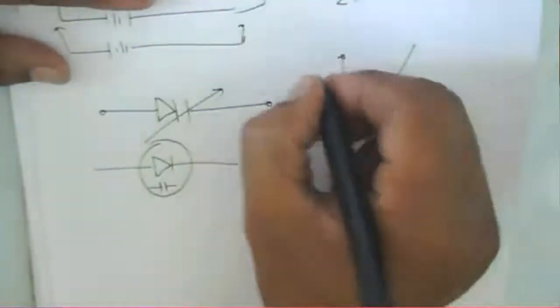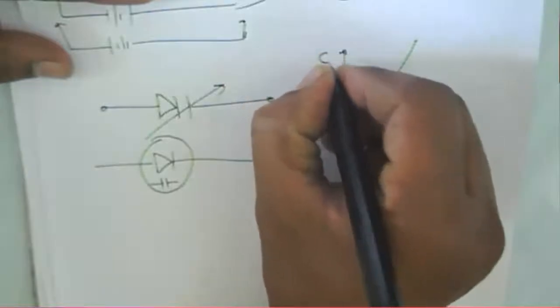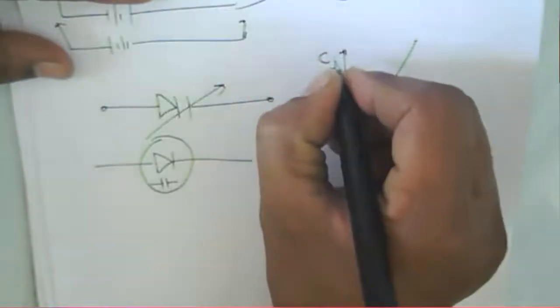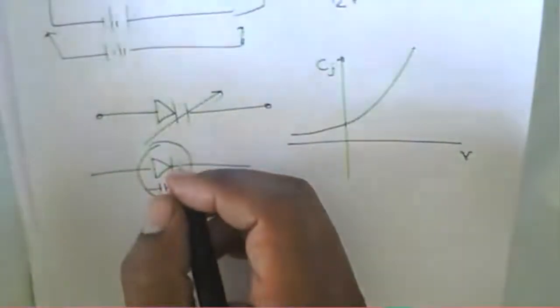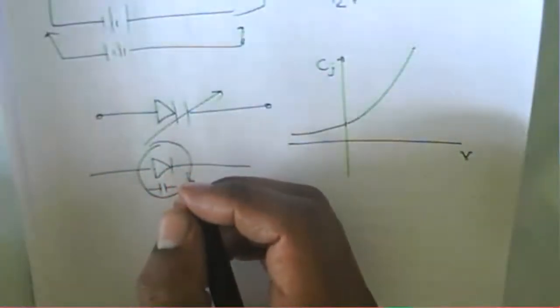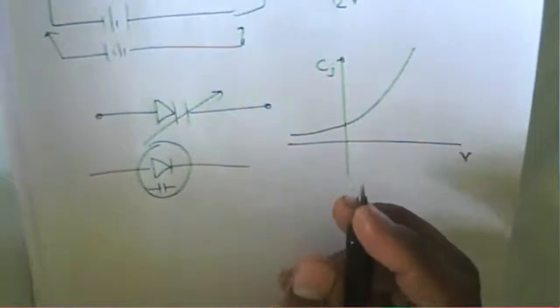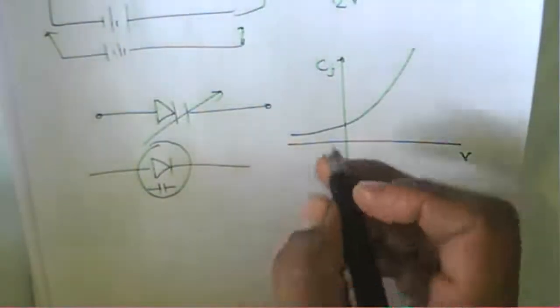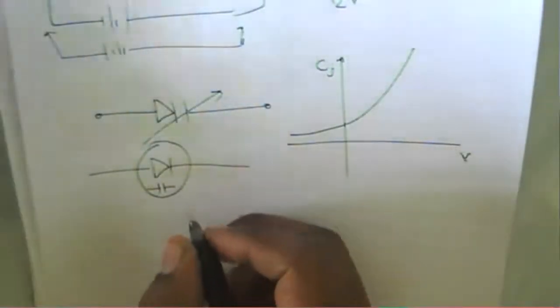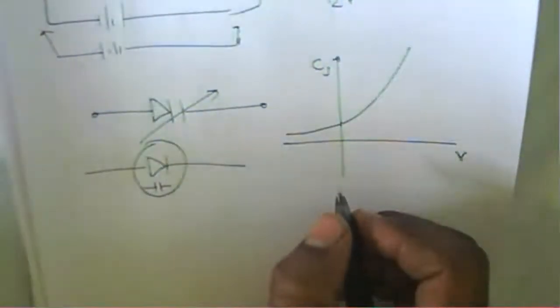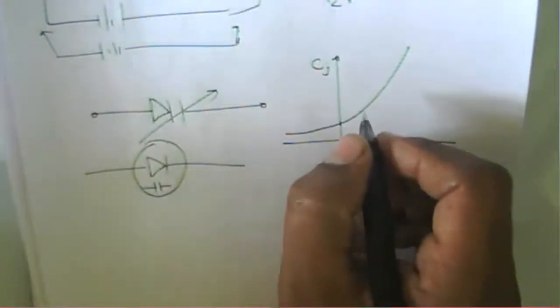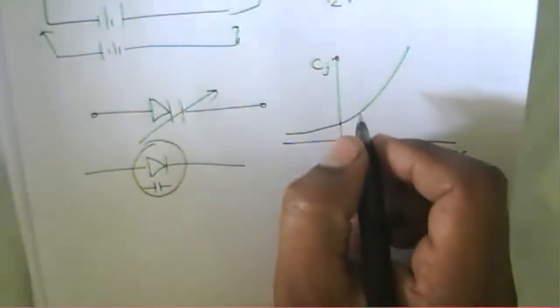The junction capacitance of a given diode changes with the bias, so the junction capacitance will be increased when we apply the bias. This is a junction capacitor.